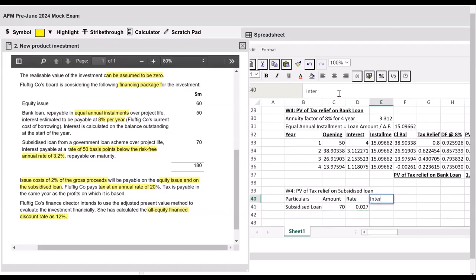and the interest amount, which is going to be this into this.